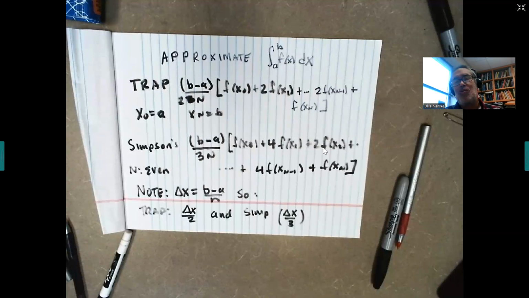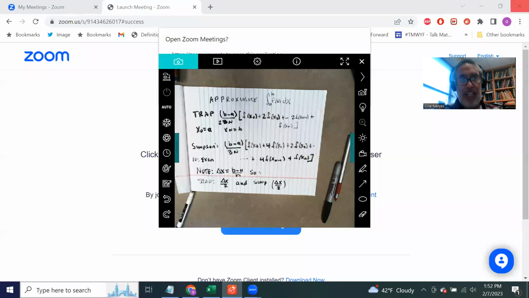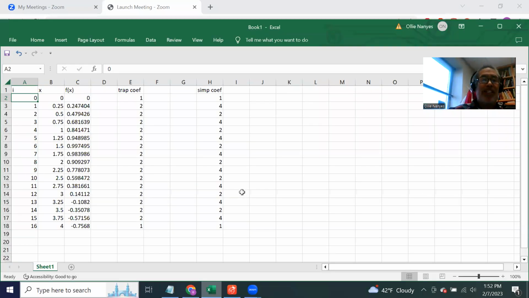Remember, you're approximating the graph by a best fit parabola using 3 points. Notice, if your textbook has a different coefficient here, it's common to say delta x, the width of the interval you're going to use, is b minus a over the number of points n. So you might see delta x over 2 here, and delta x over 3 there in your textbook. Okay, now let's get on with the actual approximation.